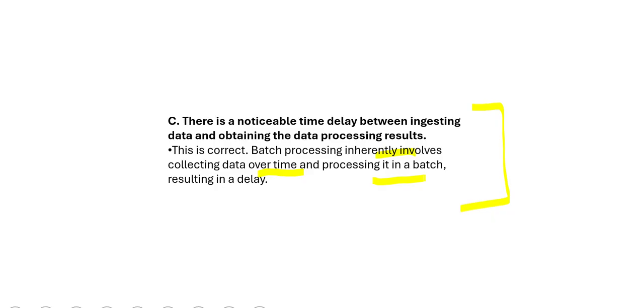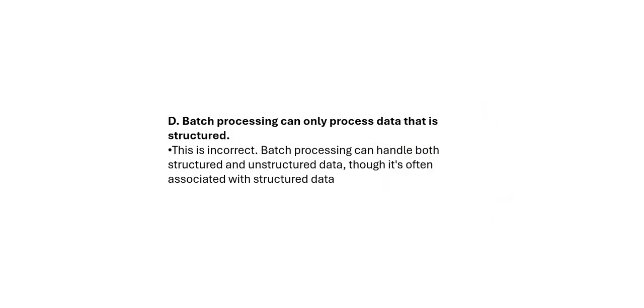The train will leave once all passengers are there. That means they are doing it in a batch. That train will not be starting a new train every 5 minutes and 10 minutes for one or two passengers. No, the train will leave at 10 p.m. All passengers should come there.